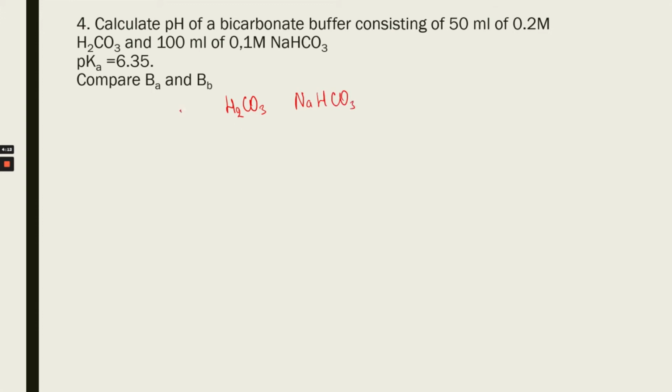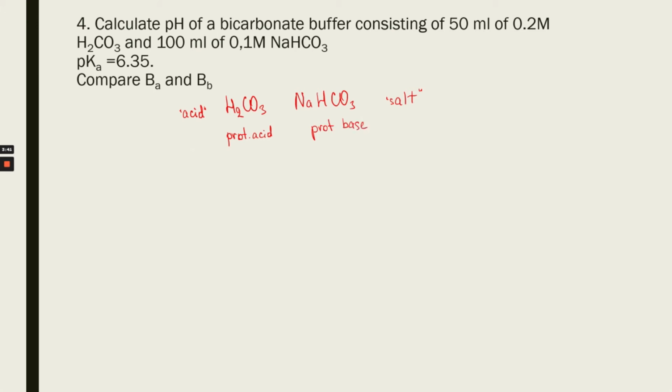From the electrolytic dissociation point of view, this is acid, and this is salt. From the point of view of proteolytic theory, this substance will be proteolytic acid, and this will be proteolytic base.